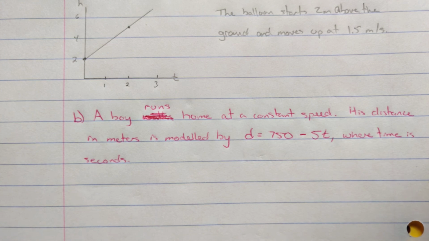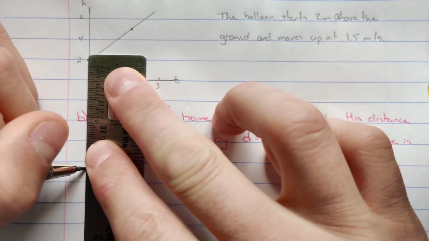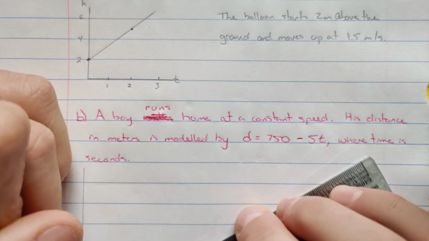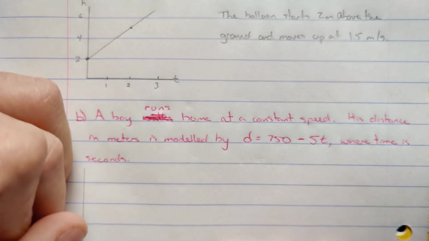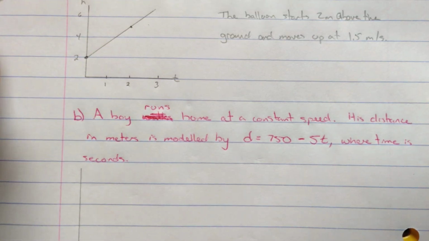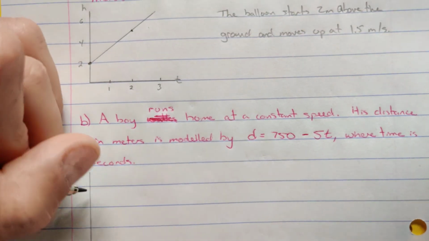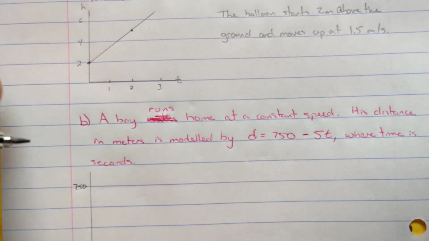His distance in meters is modeled by d equals 750 minus 5t, where time is in seconds. So if we do another quick sketch here, let's see, let's give that, say, 750.